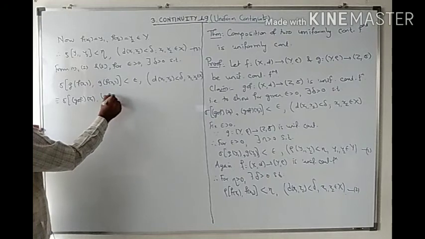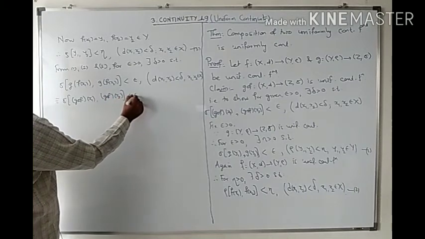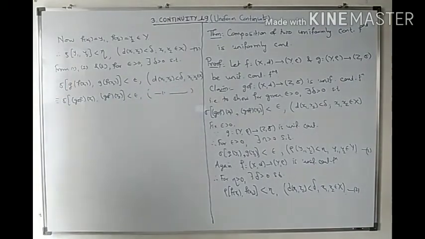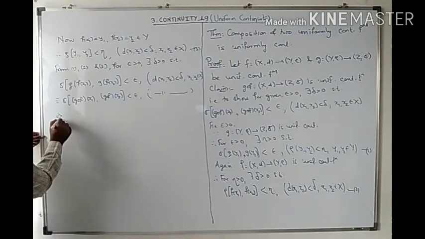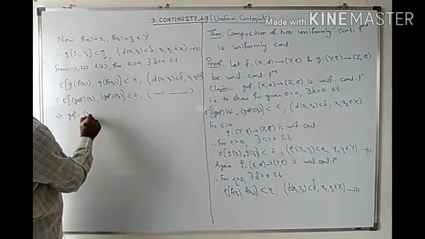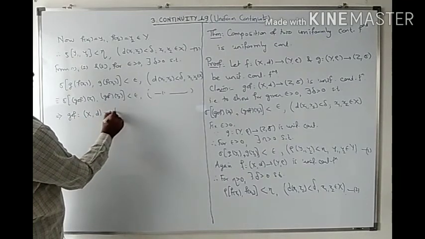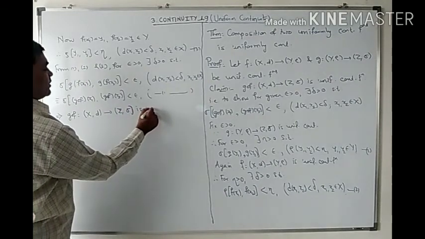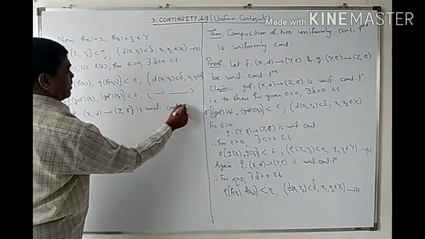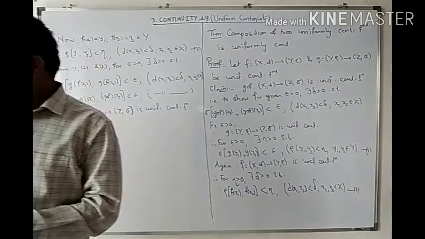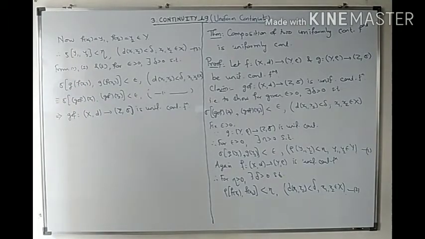So this implies g composite f from (X, d) to (Z, sigma) is a uniformly continuous function.